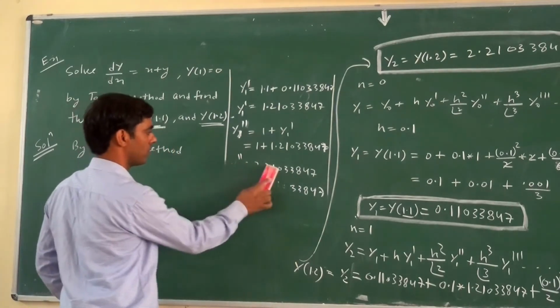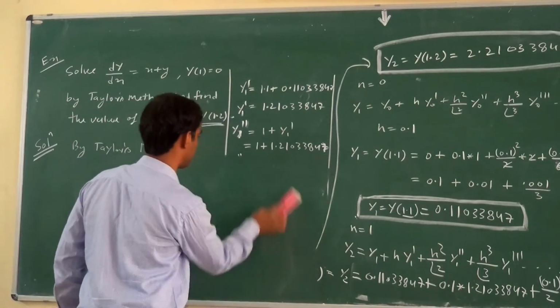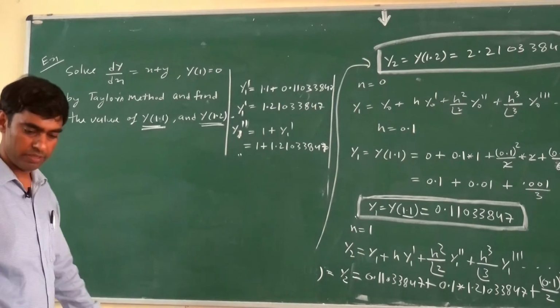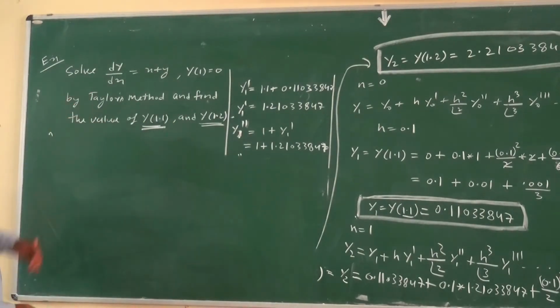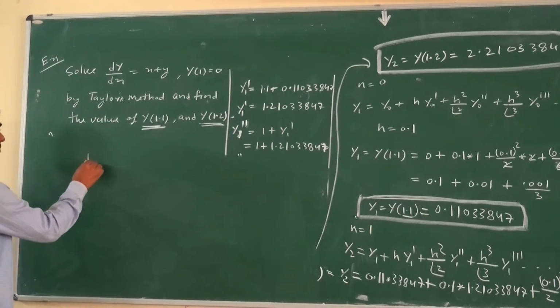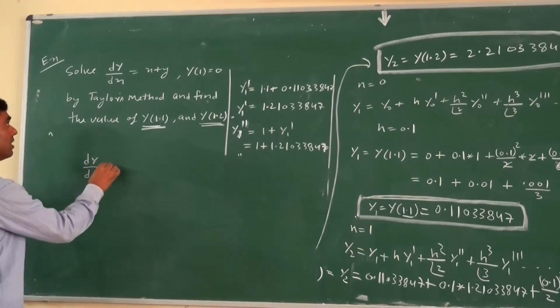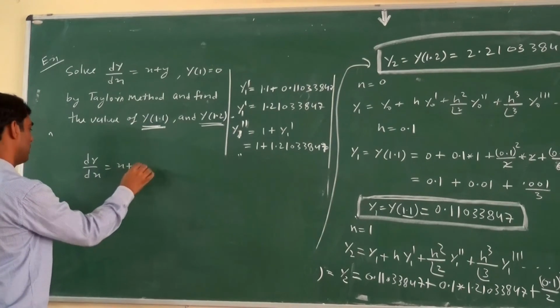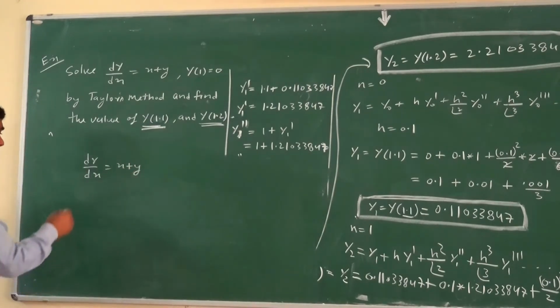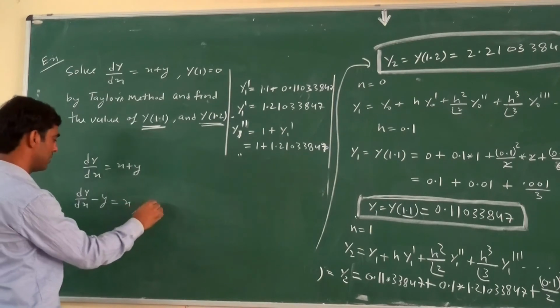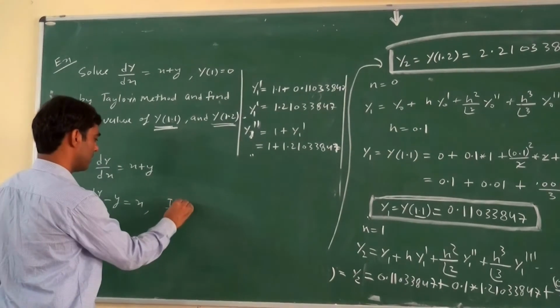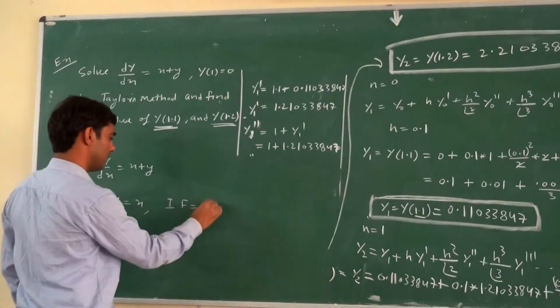If we solve this differential equation, dy by dx equals x plus y. This is a linear differential equation: dy by dx minus y equals x. What is the integrating factor? The integrating factor becomes e to power minus x.